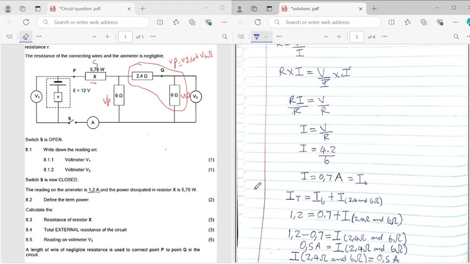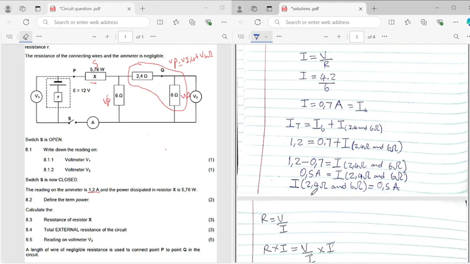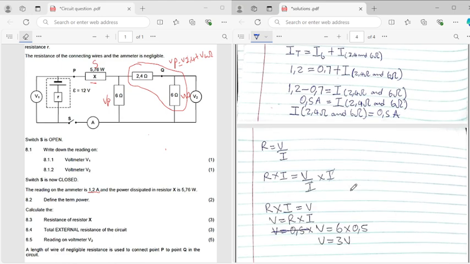Now from the total, let's subtract that 0.7 so that we can find out how much current goes in the other direction, and we're going to get 0.5 amps. That's the current that goes through the 2.4 and 2.6 ohm resistors. That's why I wrote that.